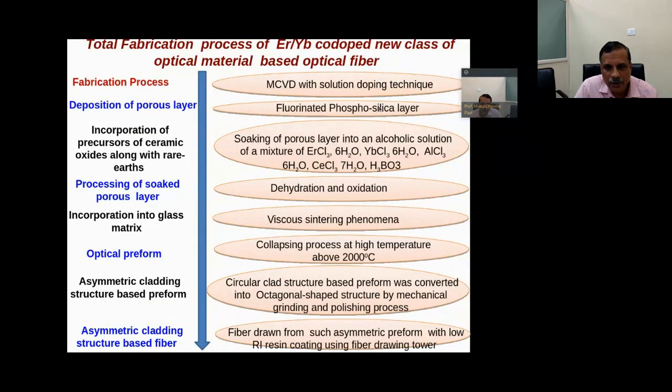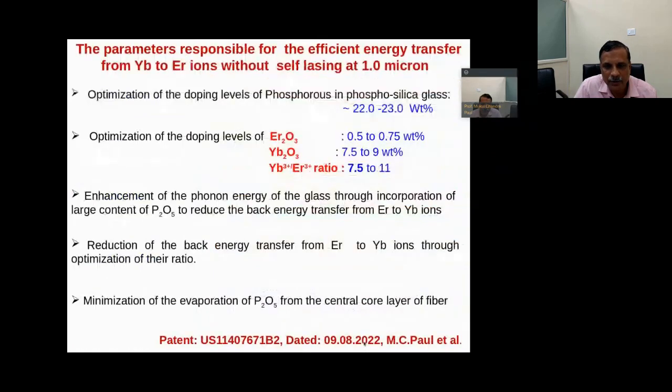We deposited a fluorine doped phosphosilicate layer, and then this layer was soaked with a solution of erbium chloride, ytterbium chloride, aluminum chloride, cerium chloride, and boric acid, and then proceeded to dehydration, oxidation, collapsing, and finally annealing of the preform, and then finally converted to octagonal shape fiber and then to the fiber with low RI resin coating.